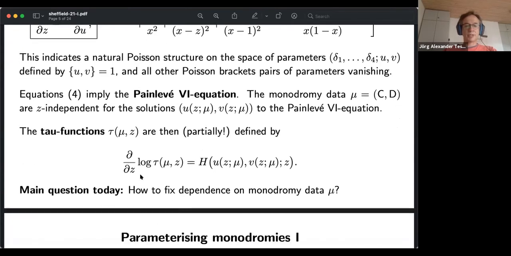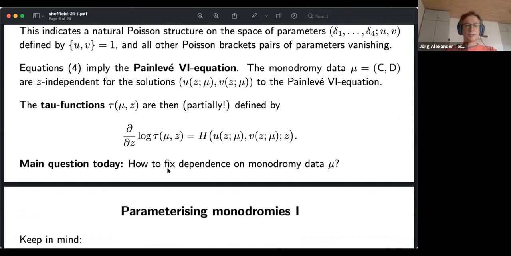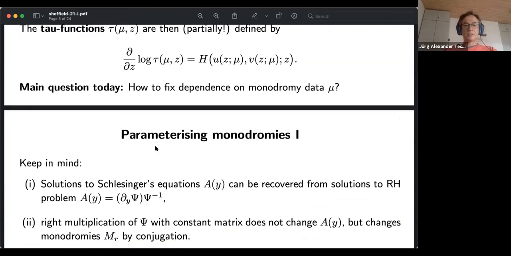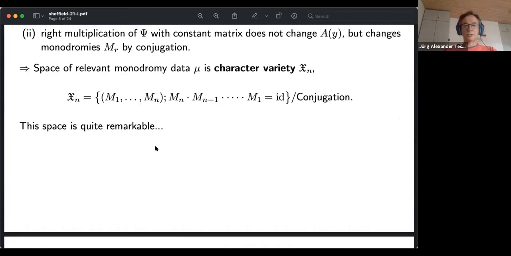What was emphasized was that the traditional definition doesn't fix the dependence of this function on the monodromy data. And there are various reasons which may motivate one to look for a natural definition which would fix this dependence. This led us to discuss how to parameterize monodromy data in general.